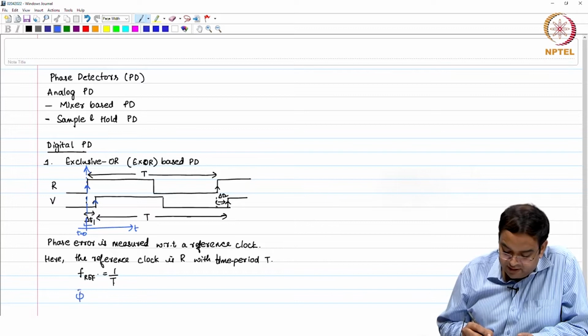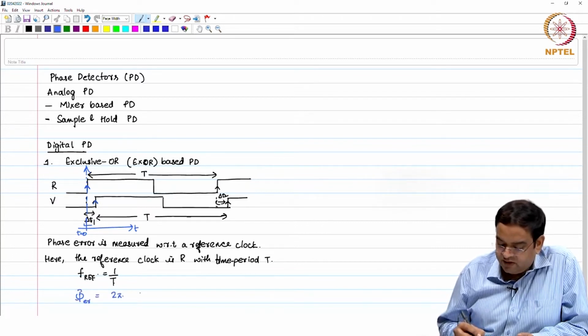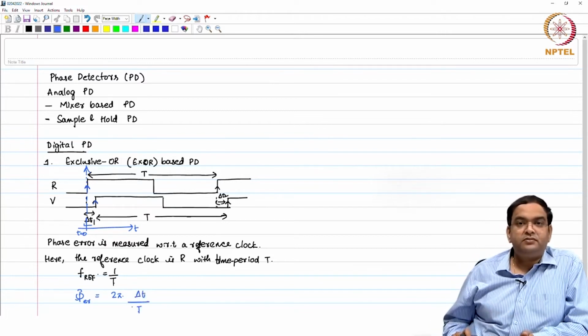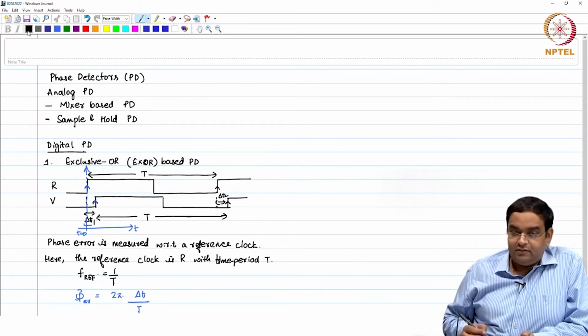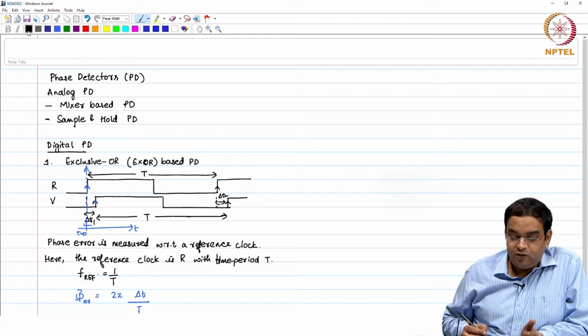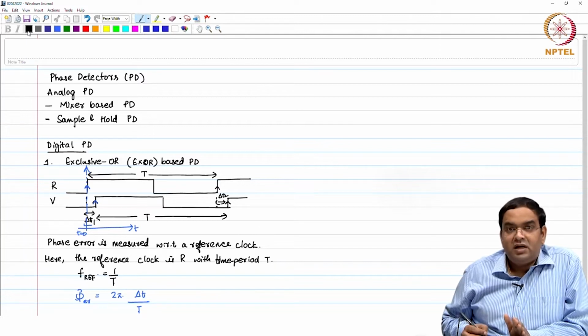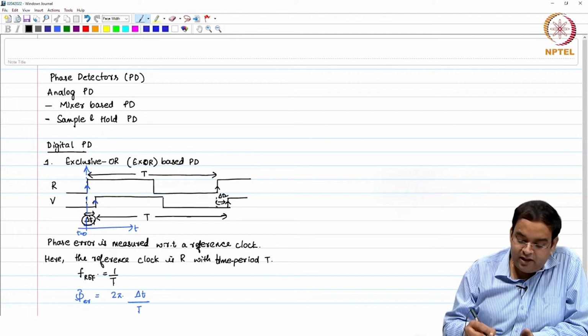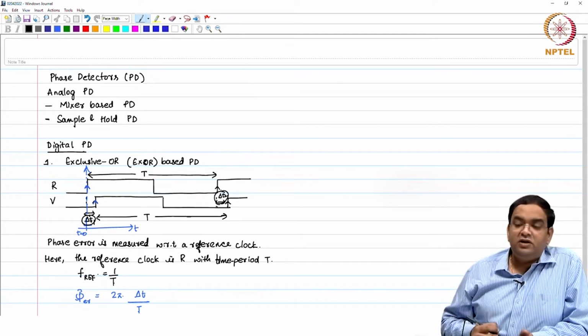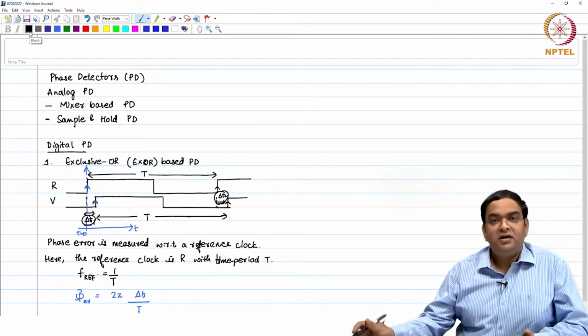The phase error will be defined as 2 pi times delta t by T. If the two clocks have the same frequency, then this delta t will remain the same at every rising edge of R. Here also delta t, here also delta t, all these timing errors are going to be the same.